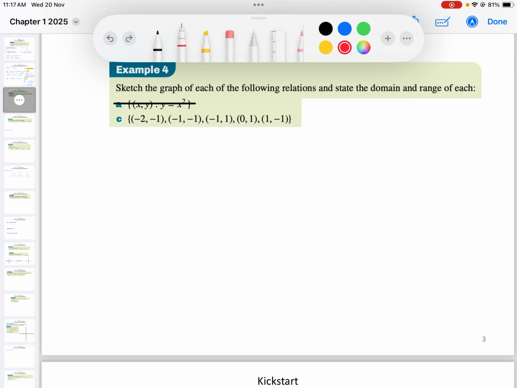We're going to put these ordered pairs. So I'm going to go (-2, -1), (-1, -1), (-1, 1), (0, 1). So it's going to look something like that for that set of ordered pairs.